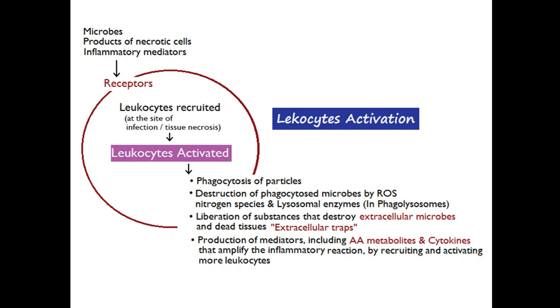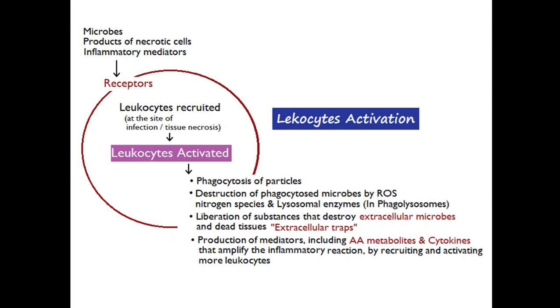By this we mean that the leukocytes are prepared to fight against the invading pathogen and the dead tissue which is lying there. So once leukocytes are activated, what are they supposed to do?